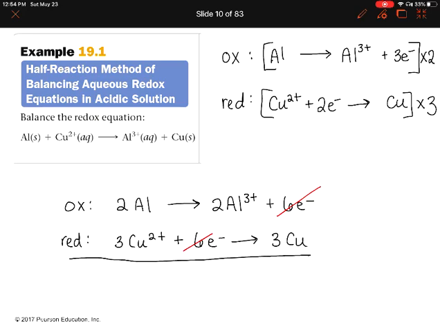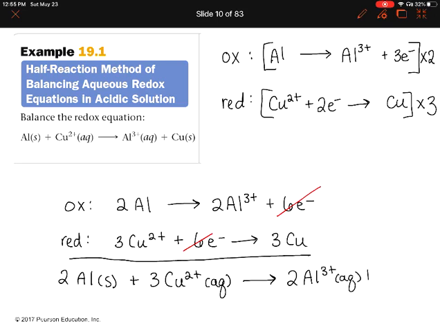On the left side of the arrow, we have 2 aluminum, let's say atoms, reacting with 3 copper 2+ ions. And I'm going to put the states back in here. And then on the right side of the arrow, we have 2 aluminum ions plus 3 copper atoms. So that is our balanced reaction.